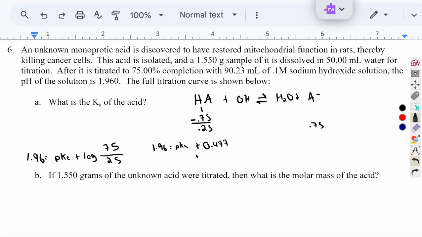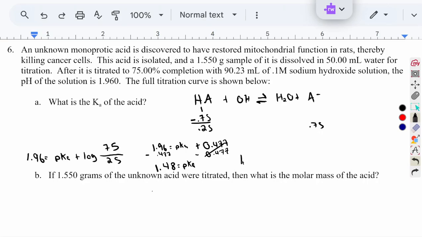So let's get rid of this by subtracting it from this side and subtracting it from this side. I'm going to use a number in my calculator. 1.96 minus that number there is going to give me 1.4828. So my pKa is 1.4828.